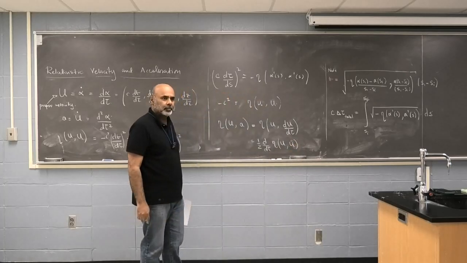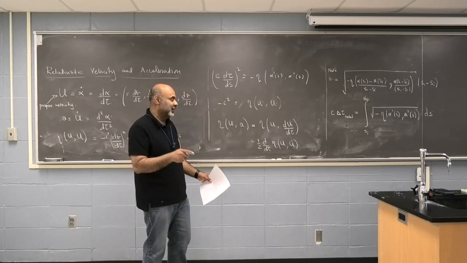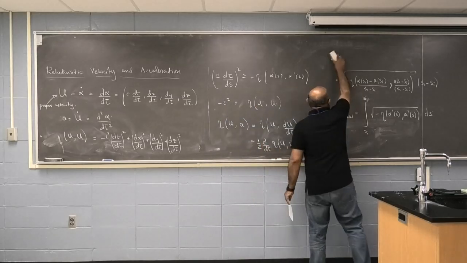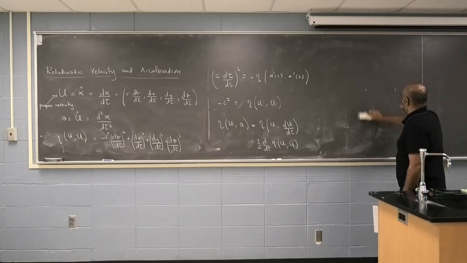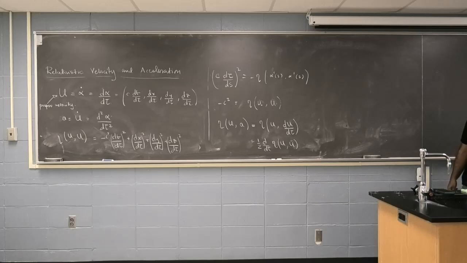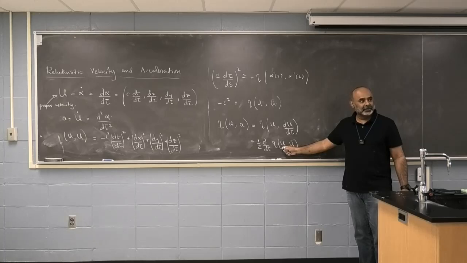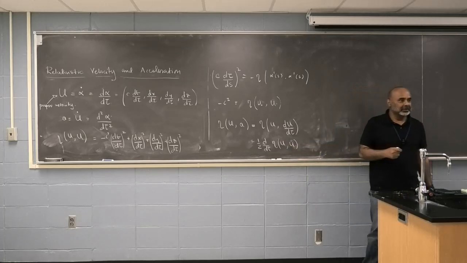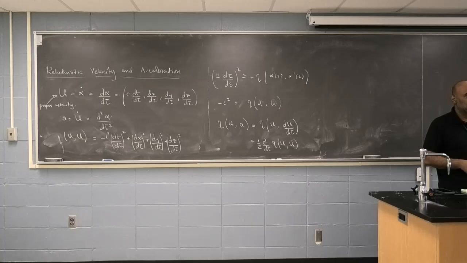Is that true? Why is this true? Use product rule. First you take the derivative of this, so I'll get eta of A, U. Then I take the derivative of this, I get eta of U, A. But eta of A, U is the same as eta of U, A. Let me write it out.